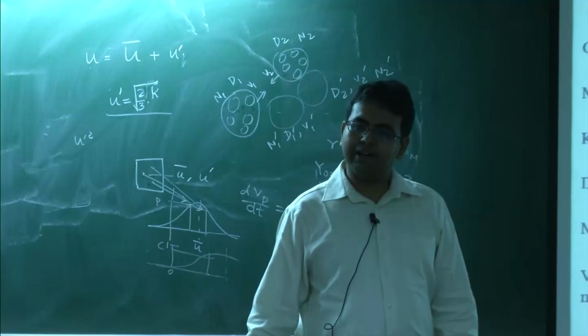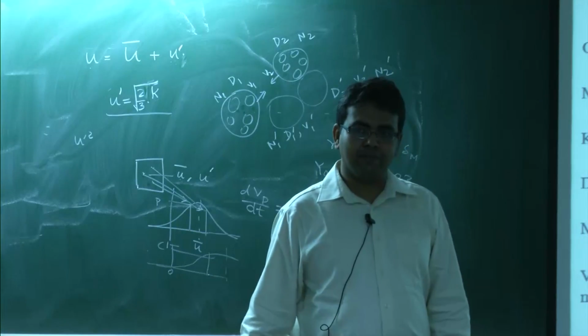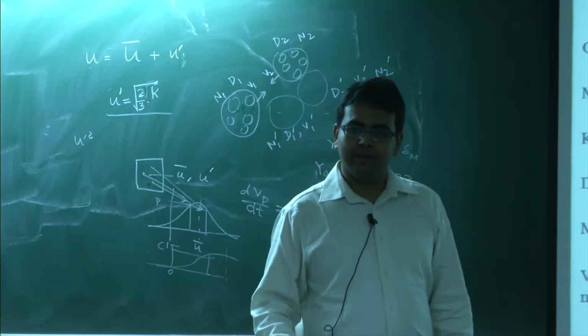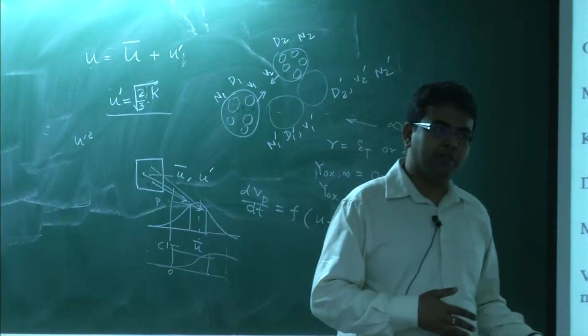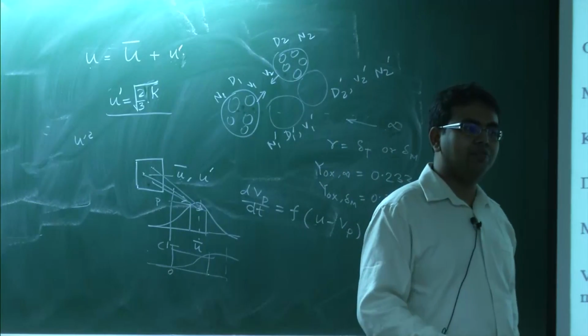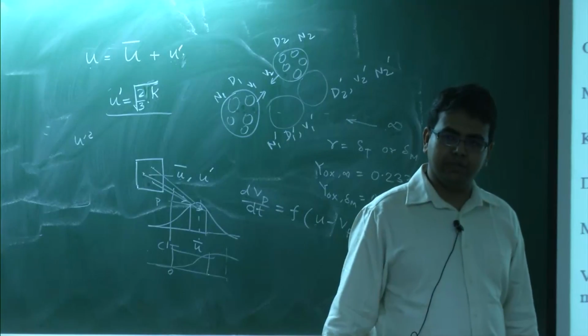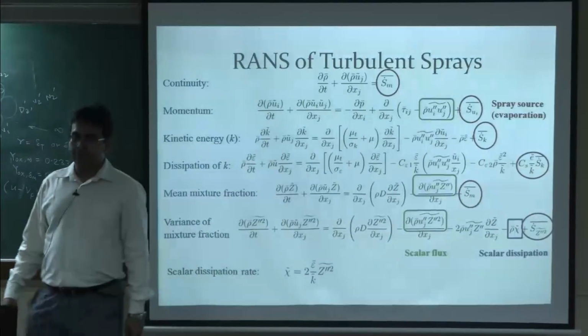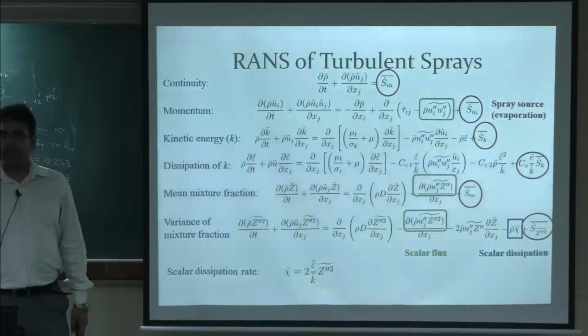It is difficult even when we are talking about gaseous fuel, but when there is liquid fuel, it poses more difficulty. So that is one of the challenges for turbulent spray combustion. We do not know how the scalar dissipation will behave for the liquid fuel. For the gaseous fuel also there is no consensus so far.